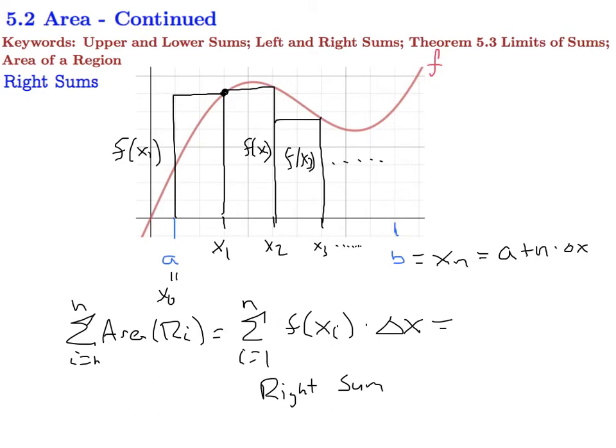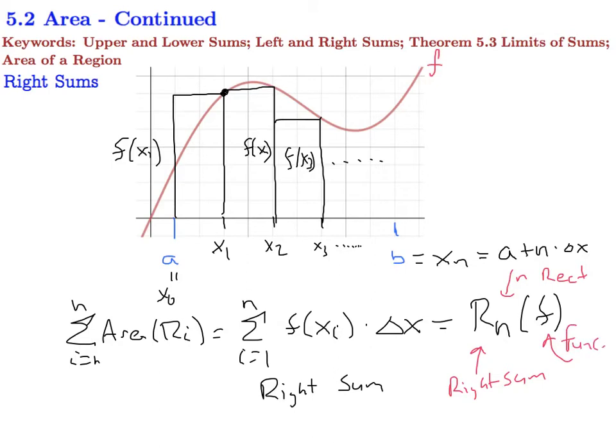Sometimes this is labeled as R sub n of f. This is a fancy way to say right sum. We're going to use n rectangles, and finally f is my function. And whatever number this ends up being is my approximation.